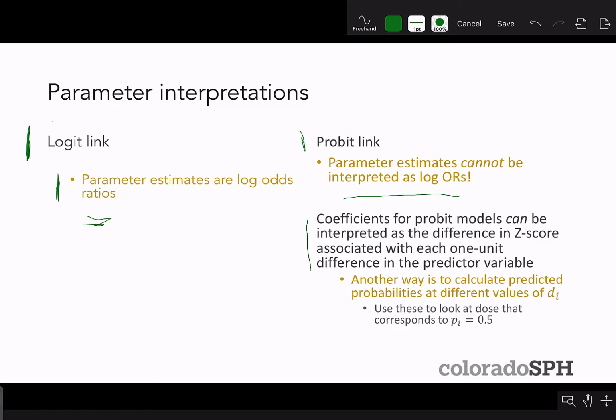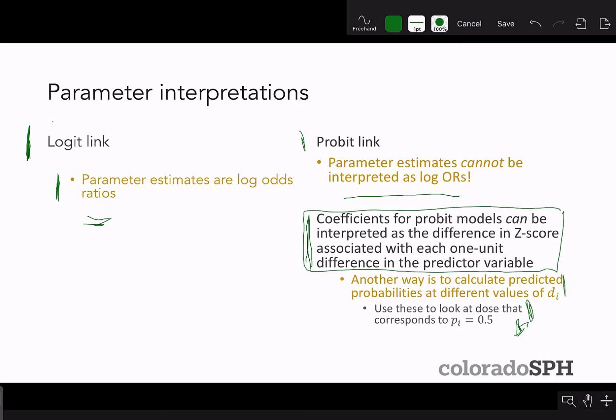Another way is to calculate the predicted probabilities at different values of dose, and then use these to look at what dose corresponds to p equal to 0.05, and I'm going to talk about that in the next slide, but you can actually do that for both models. So this is really the main interpretation for a Probit model.